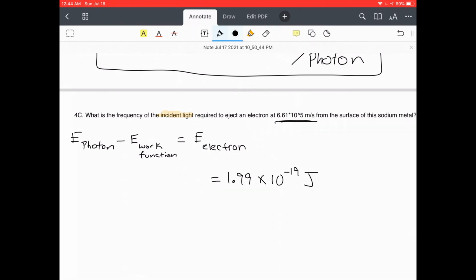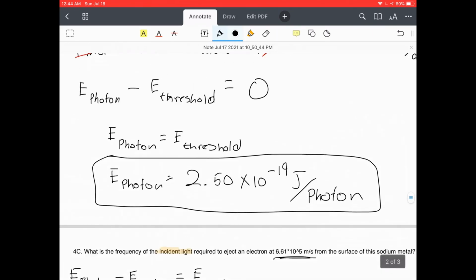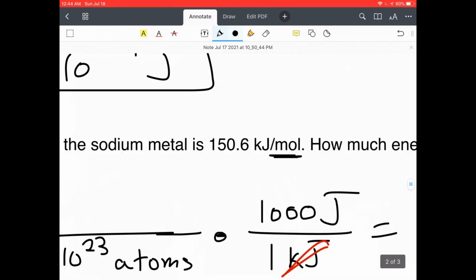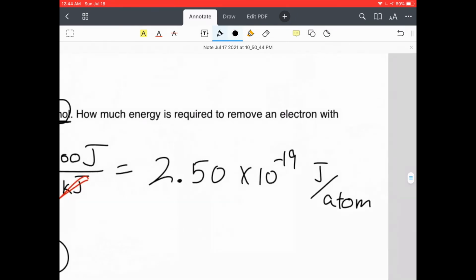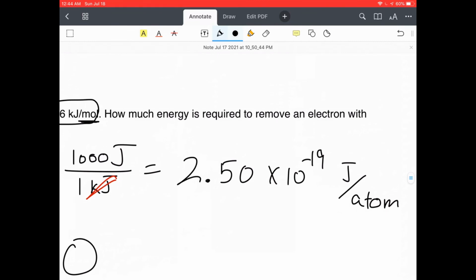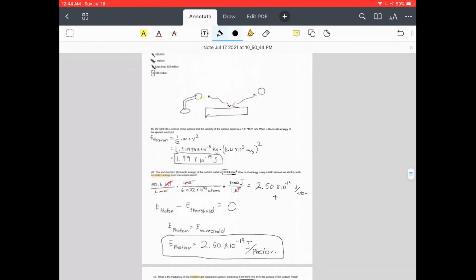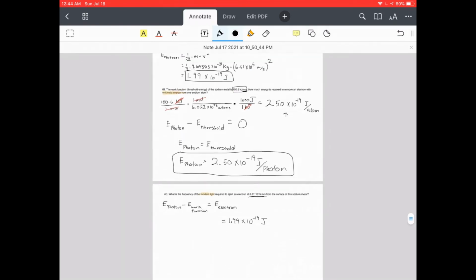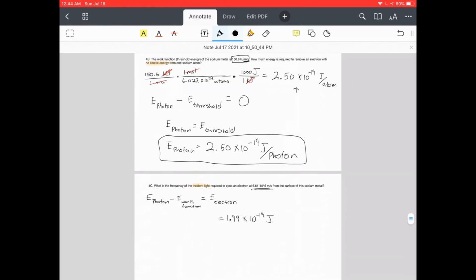And now we need to decide what work function we're going to use. Are we going to use this work function that was provided to us right here, or are we going to use this work function that we calculated? I'm going to use this work function, because the question is asking us to figure out the energy required to kick out one electron.